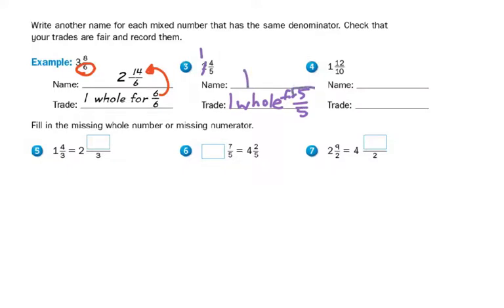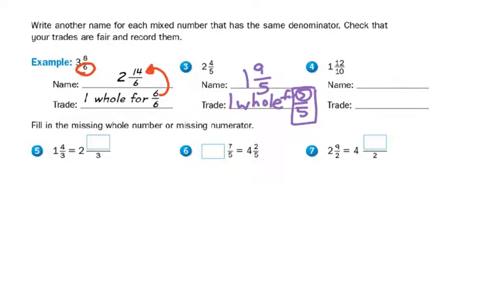I'm going to add this 5/5 to my numerator. Remember, the 5ths does not change, but I add 5 plus 4 is 9. 5th stays the same. It's still divided into 5 equal parts. So 1 and 9/5 would be the same as 2 and 4/5.